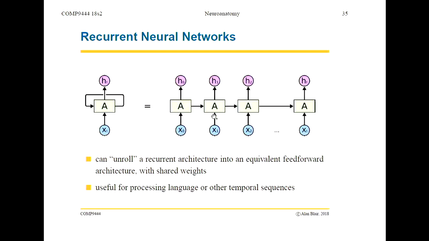And then what happens after you've heard the second word is dependent on the second word as well as this previous state. So each state is always dependent on the previous state and the new word. Sometimes you process a whole sentence before you produce any output, if you're doing sentiment analysis. Or if you're doing some other task like translation or segmentation, then you might be producing an output at each time step. So we'll spend a couple of weeks on this kind of stuff: recurrent neural networks and language processing.